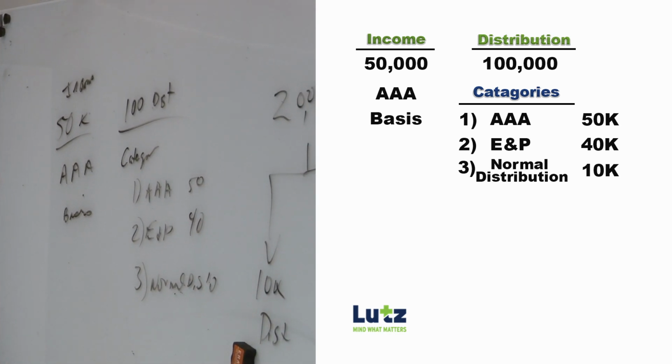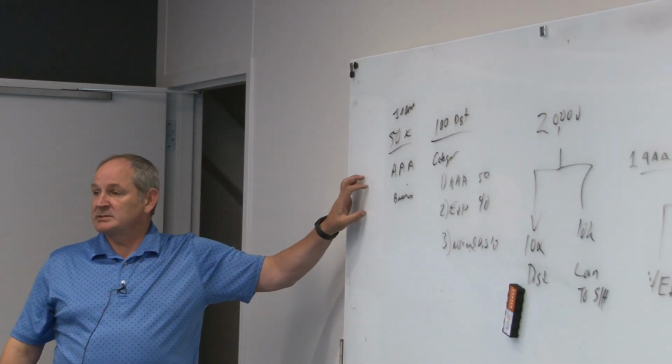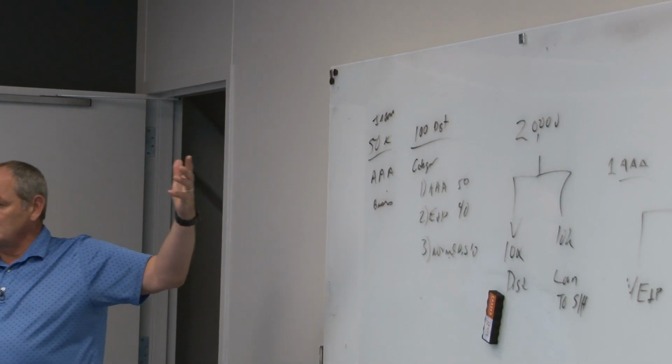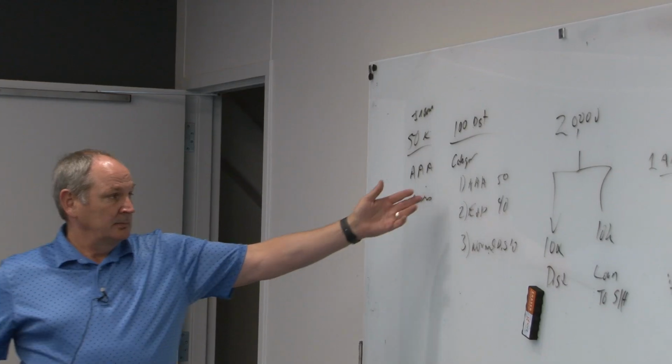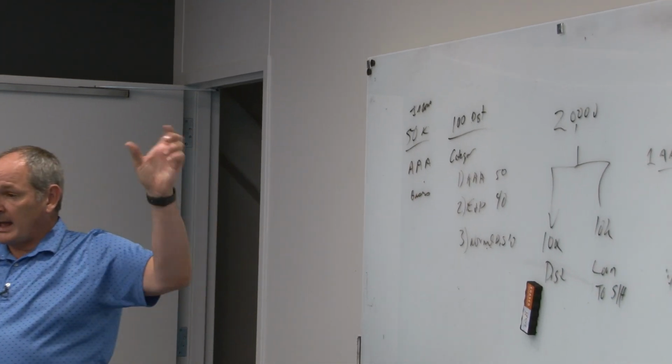So now that we've categorized it by 50, 40, and 10, now we take that data and do what? Go back to what we adjusted before, basis. How much basis do we have? 60. So I know, because I've categorized everything, I got 50 that my guidepost AAA said is distribution.